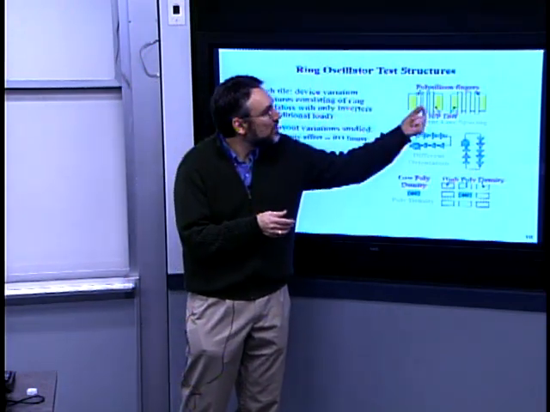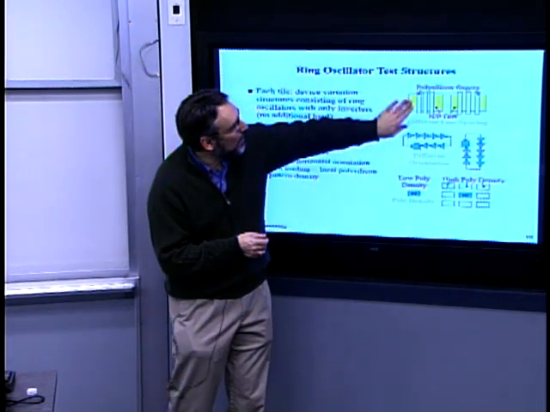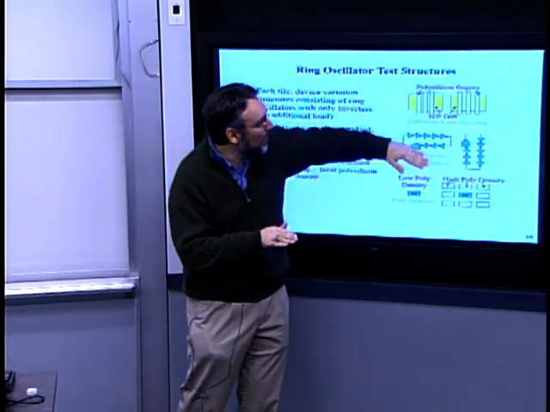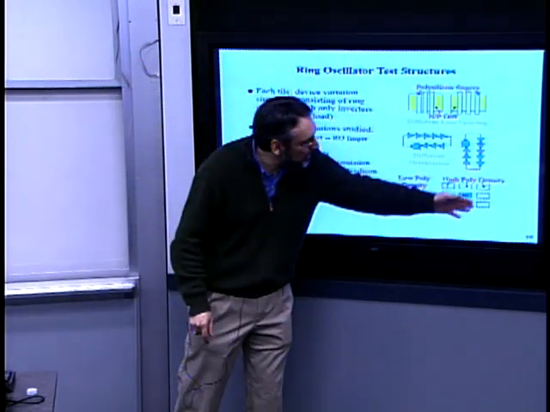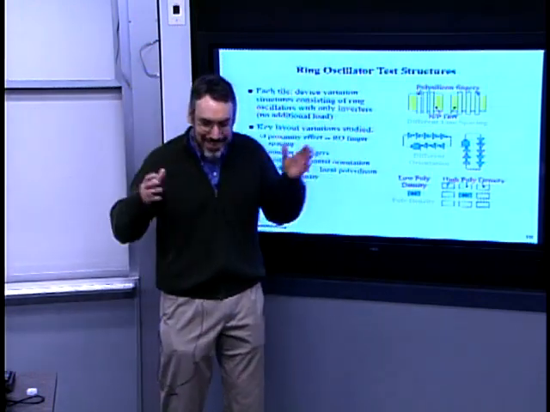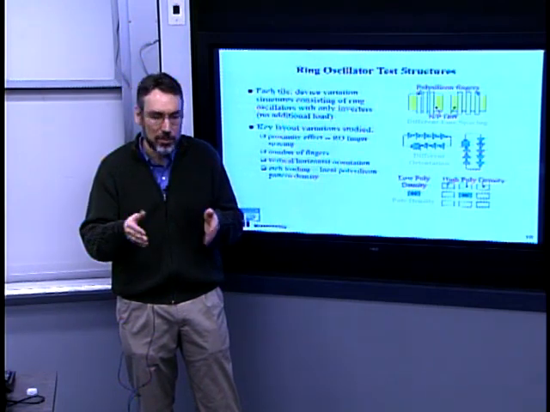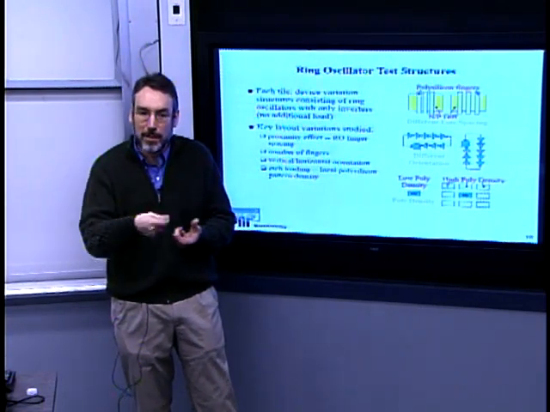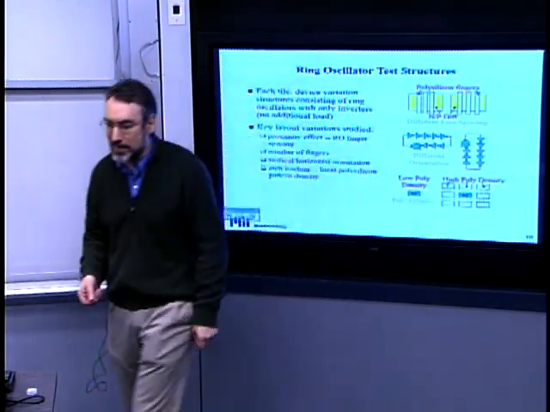We can play with the spacing between those electrodes. We can orient those poly fingers vertically or horizontally on the layout. We can also look at the effect of nearby structures. For example, how dense per unit area do you have transistors or polysilicon gate electrodes? Would that have an effect on the ring oscillator?